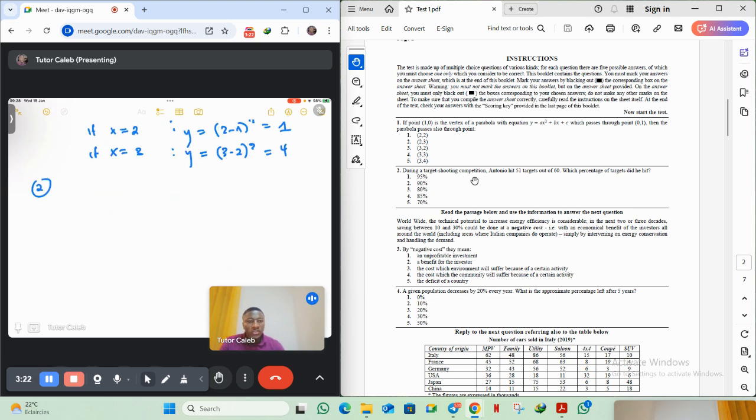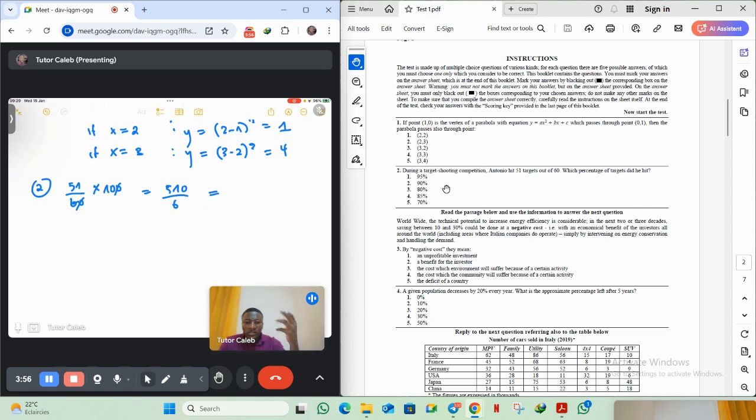During a target shooting competition, Antonio hit 51 targets out of 60. Which percentage of targets did he hit? So to get the percentage that he hit, you will just have to say 51 over 60 times 100. That will give you 510 divided by 60, which is equal to, we know that 6 times 8 is 48.